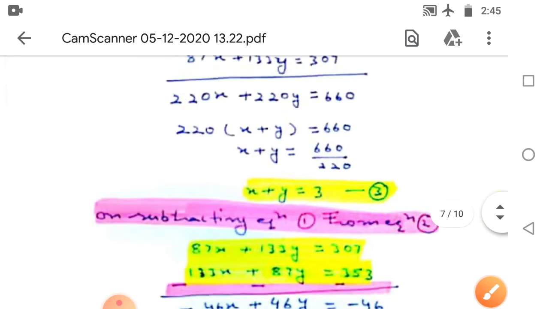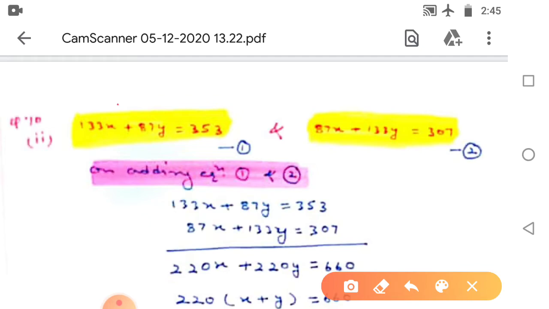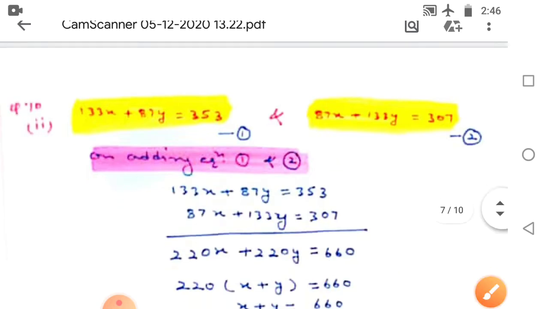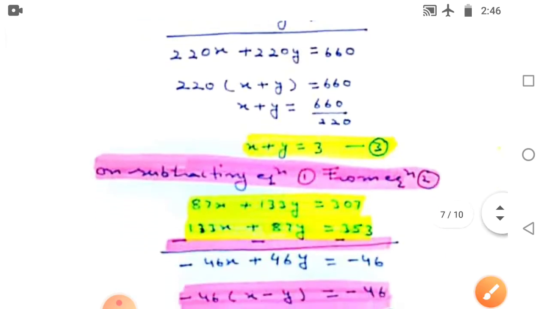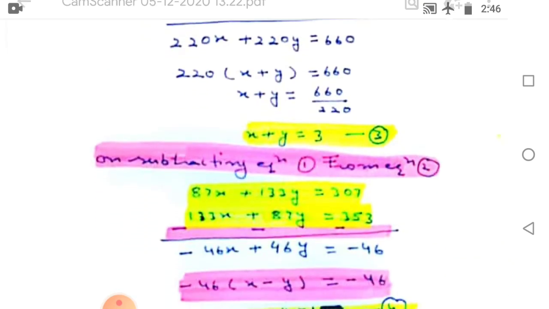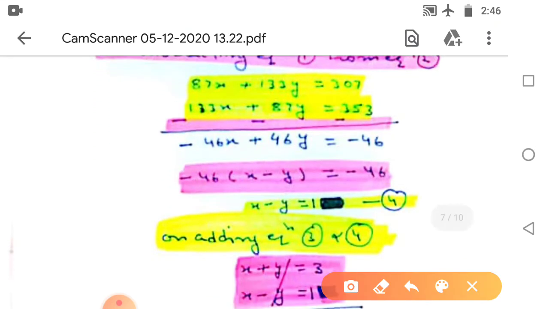So in these type of equations where the coefficient of x of the first is equal to the coefficient of y of the second, and coefficient of y of the first is same as the coefficient of x of the second, remember, one time we have to add and get the equation x plus y is equal to 3, and next you have to subtract one equation from another, and we get x minus y is equal to 1.